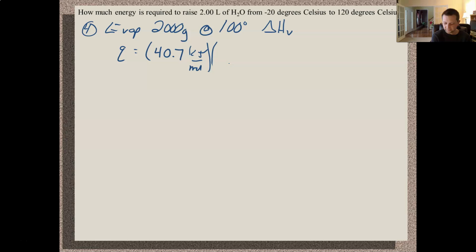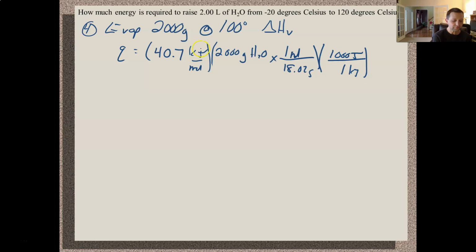So we had, again, 2,000 grams of water. Cancel out grams, 18.02, go to moles, and then convert into joules: 1,000 joules over 1 kilojoule. Kilojoules cancel, grams cancel, and moles cancel. There we go.